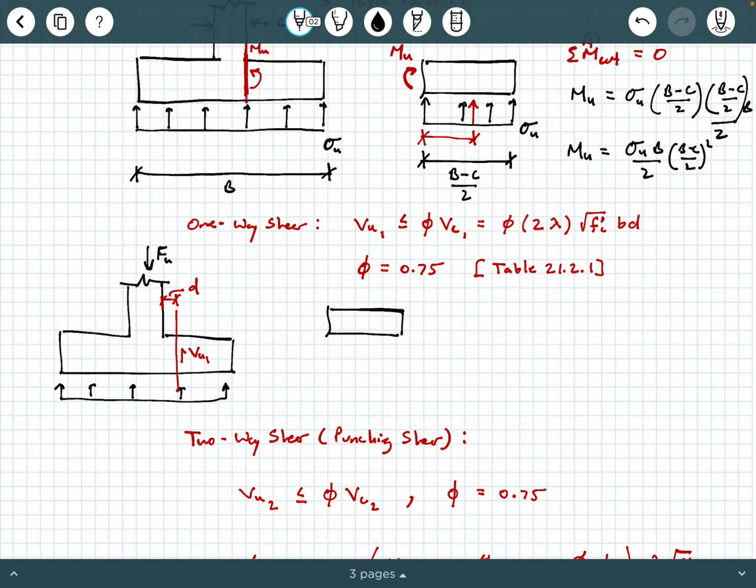And I've got this bearing pressure here. There's that sigma u, just like in the previous illustration, except what is this dimension line going to be now? It's not the same dimension line that we saw for the critical moment section. So again, if this is B and this is C right here.